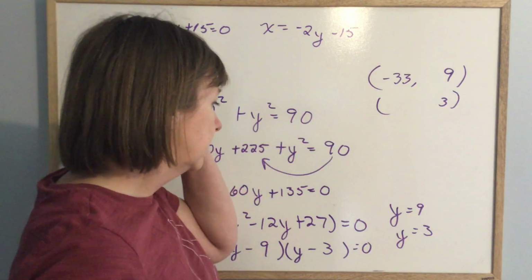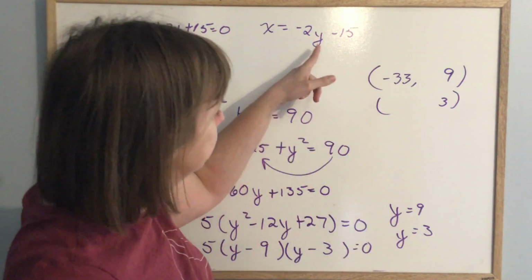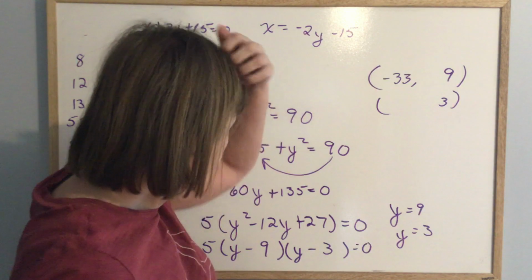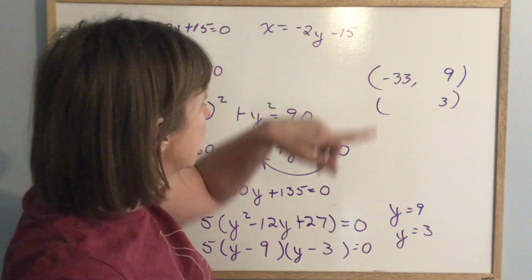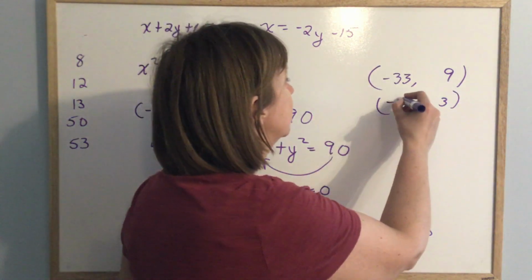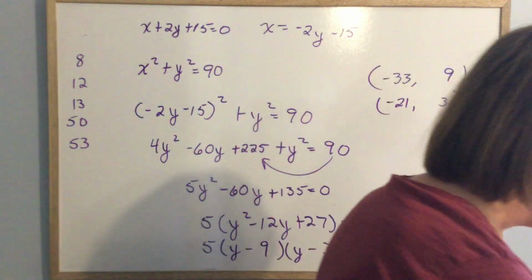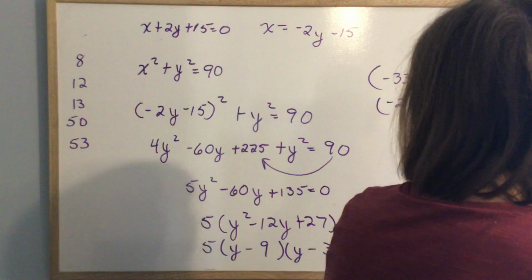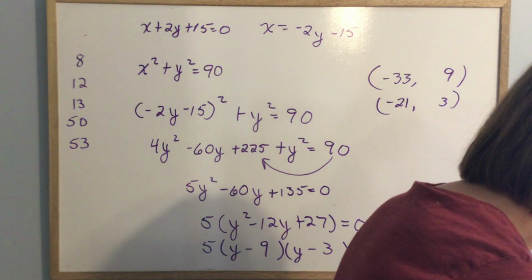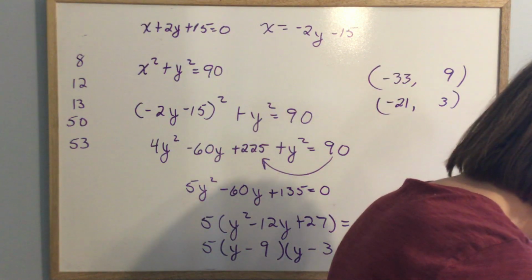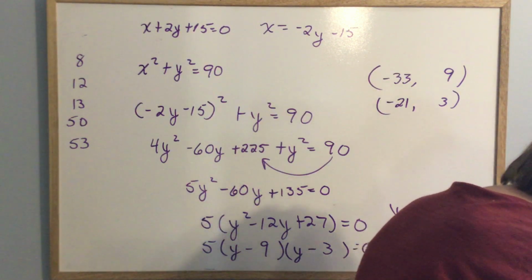And for y, I got 3. So -2 times 3 is -6, minus 15 is -21. I'm actually going to check that because I don't like it. I might have made a mistake on that. I could have. I'm good at it. So that's number 8, page 488.